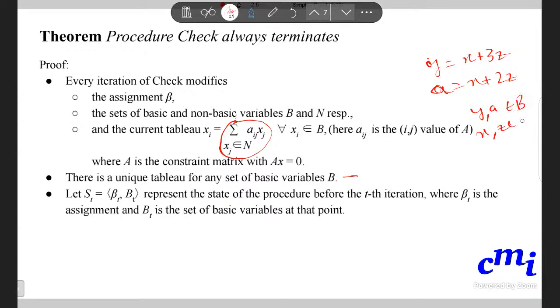We cannot change these equations in any way such that y and a are basic and you have a different set of non-basic variables. Even if I pivot y and x, then we'll get x is equal to y minus 3z and a is equal to y minus 3z plus 2z, so y minus z.